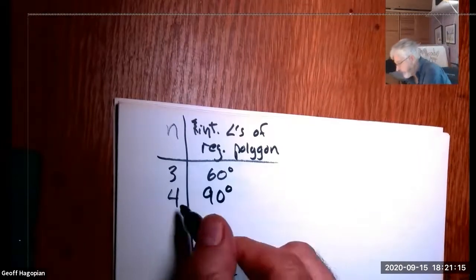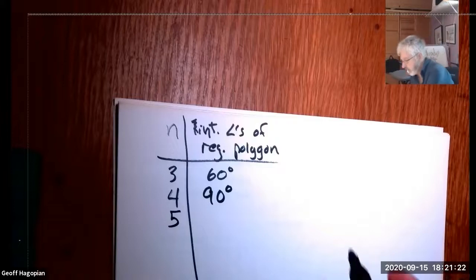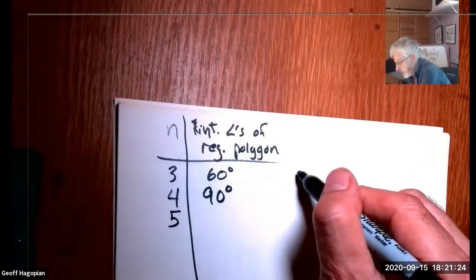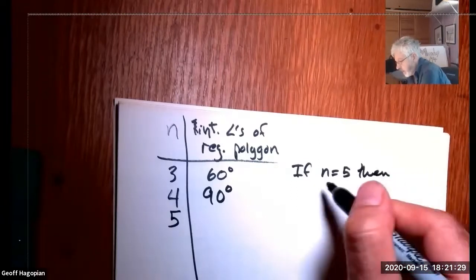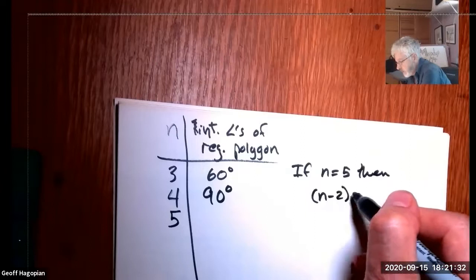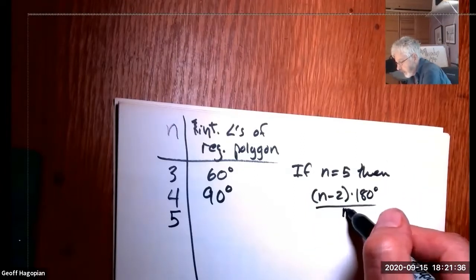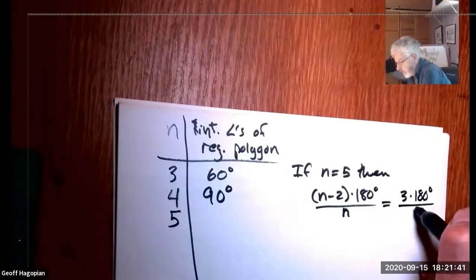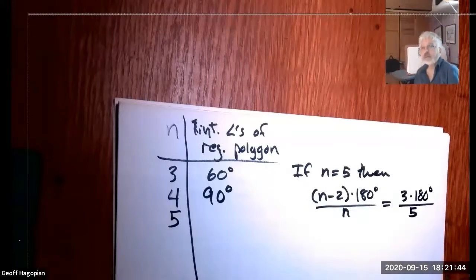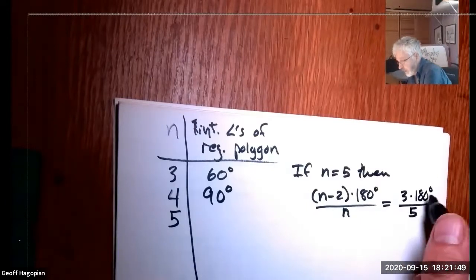So how about 5? Well, if n equals 5, then n minus 2 times 180 divided by n is going to be 3 times 180 divided by 5. Do you want to multiply or divide first?